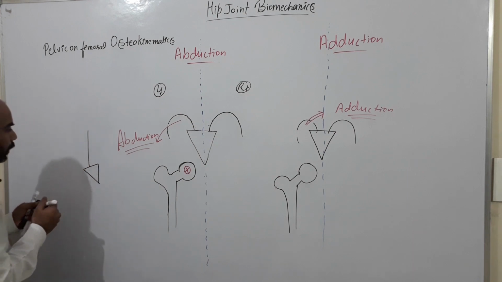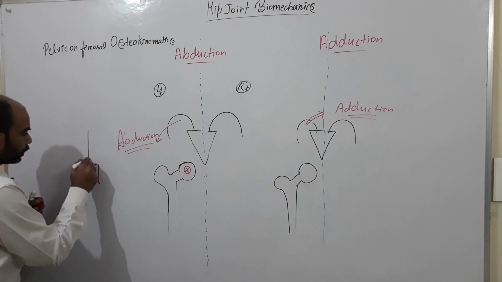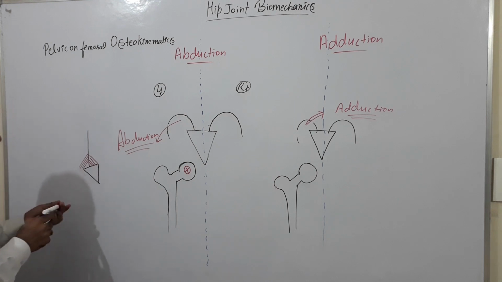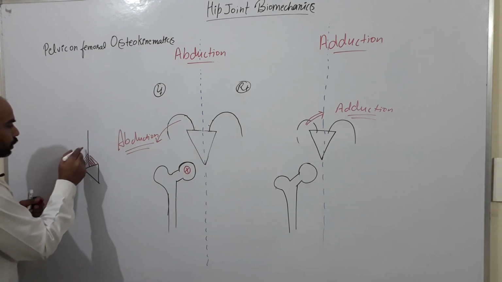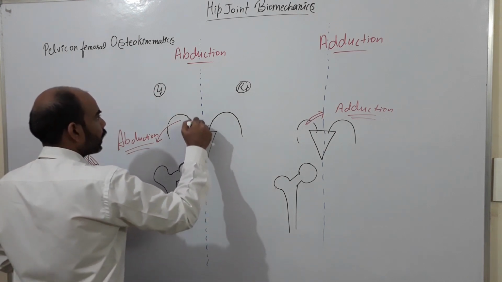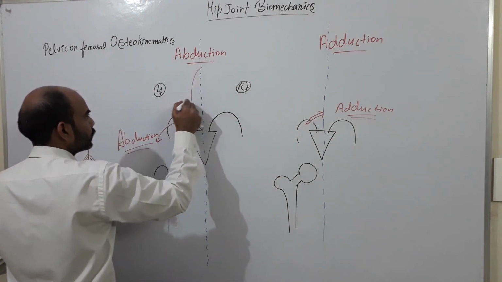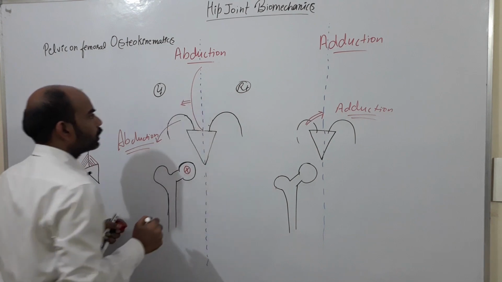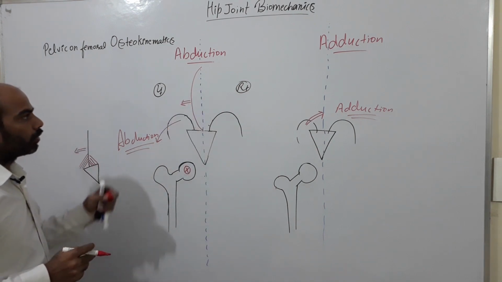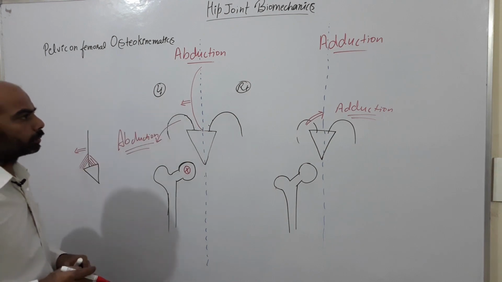Structure on the right side is shortened and structure on the left side is lengthened. So it pulls the lumbar spine towards the left side. So it increases concavity towards the right and convexity towards the left.